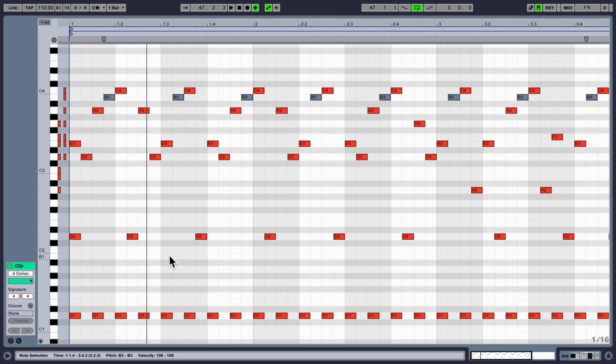Now, sometimes you might be starting to compose a song and you're still looking for the right mode to choose from. And actually what you can do is take your root note and move it up and down and see if you can find the right mood.